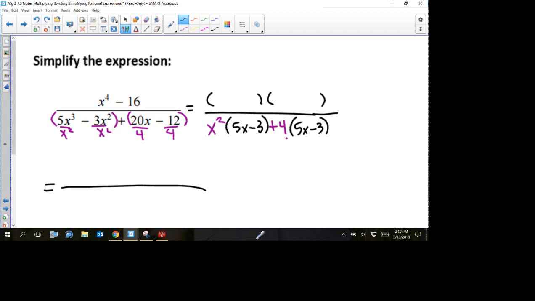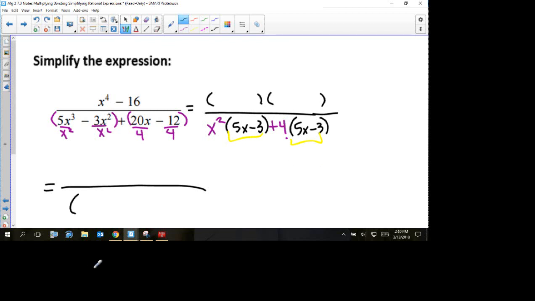Aiden, do you remember what to do next from here? In my previous step, I've got some stuff in front of the plus sign and some stuff after the plus sign that's the same. What's the same? 5x minus 3. So that is my GCF that I now have to factor out.